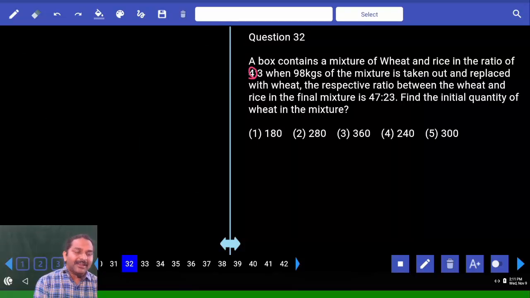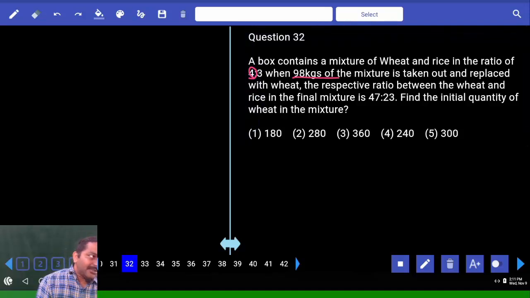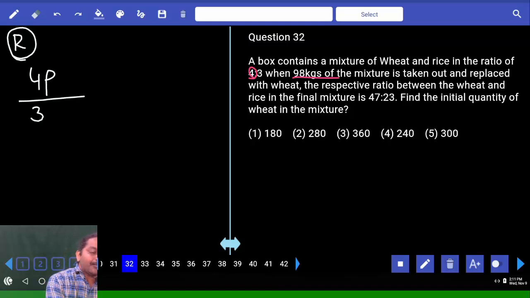If you want to calculate it, 98 kgs of mixture is taken out. Even in the remaining, the ratio between wheat and rice must be 4:3 only. Do remember, I am talking about only the remaining. Remaining is 4 parts and 3 parts.